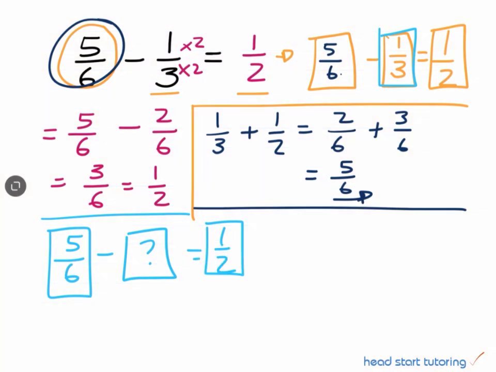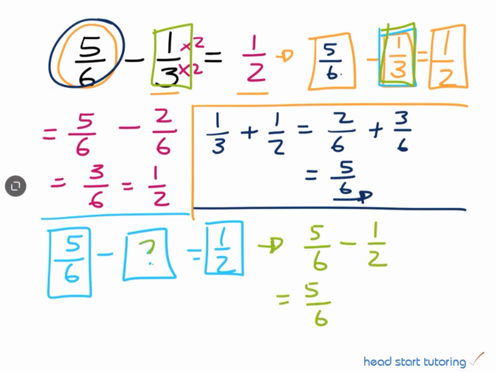And we hopefully will end up with our 1/3 over there. So if we compute that over here, 5/6 minus a half, which is equal to 5/6 minus 3/6, and that gets us down to 2/6, which is equal to 1/3, and that is exactly what we were hoping for.